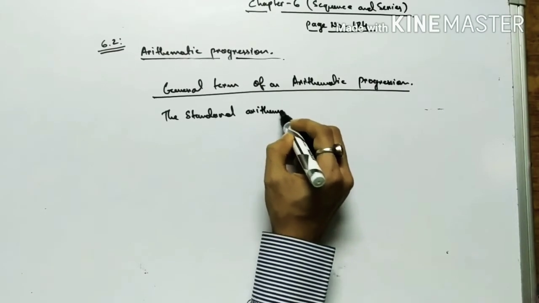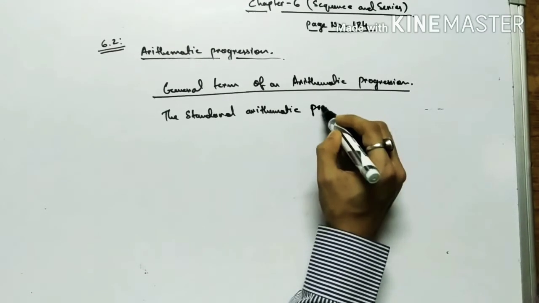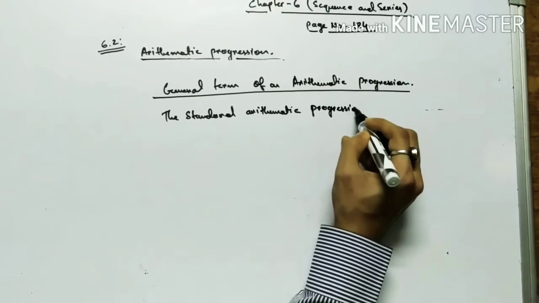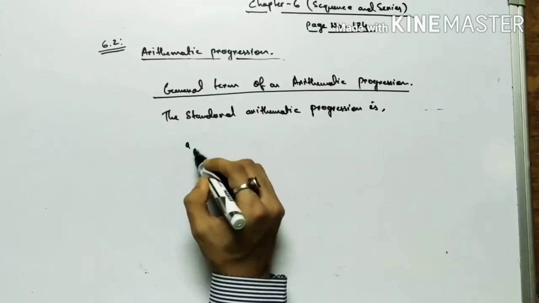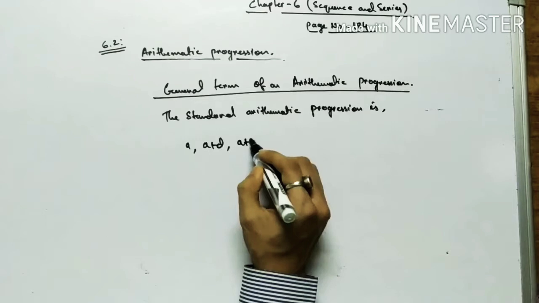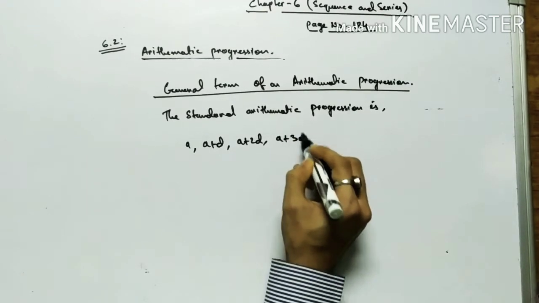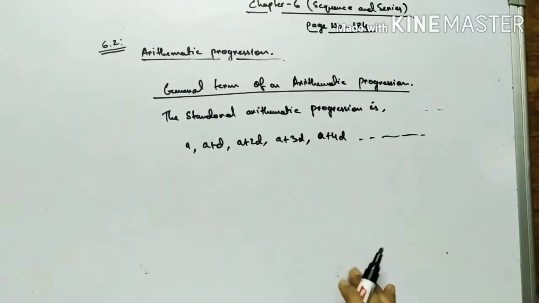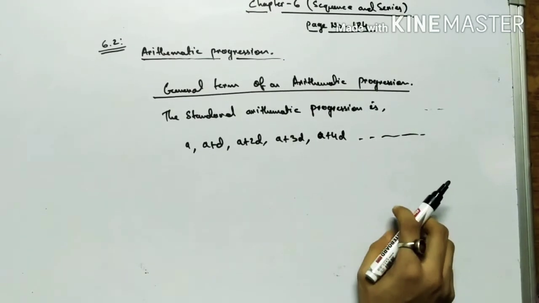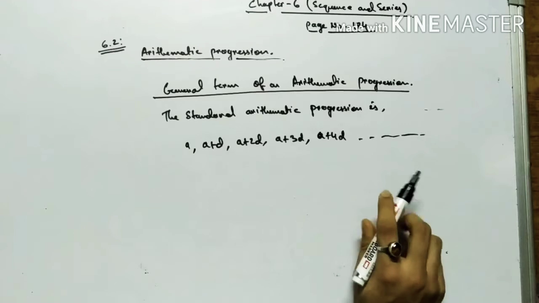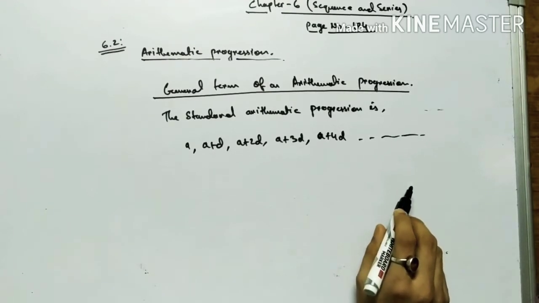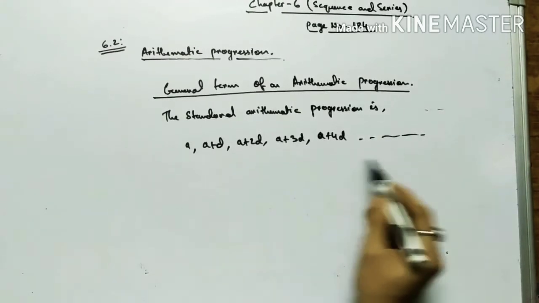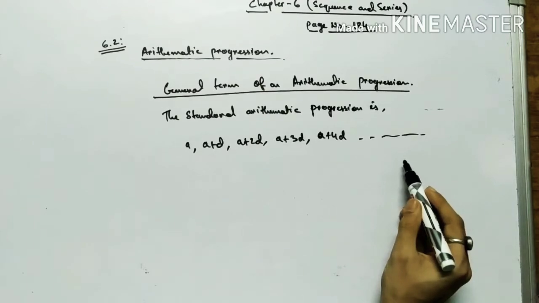The standard arithmetic progression is a, a plus d, a plus twice d, a plus thrice d, a plus 4d, dot dot dot. This is the standard form of an arithmetic progression.